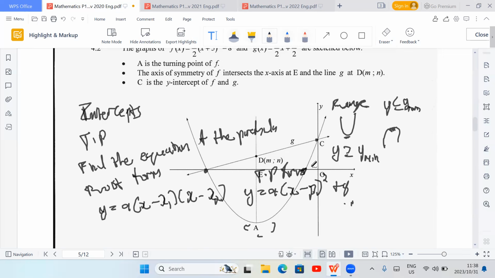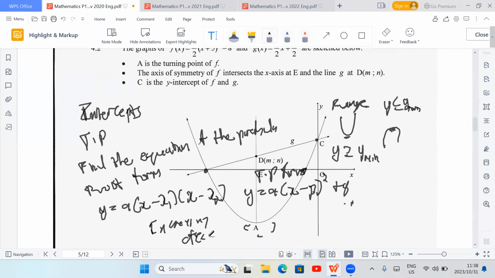So it's always like that with the range. So you know how to get the intercept, you know how to find the equation, you know how to calculate the range, and other questions that will be there will be on where is the graph increasing, where is it decreasing.